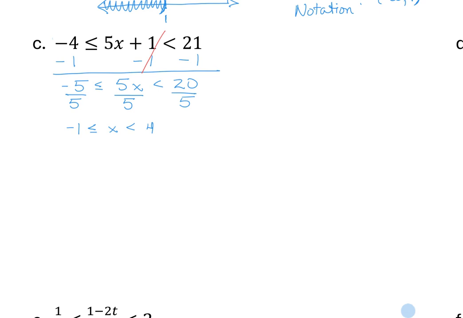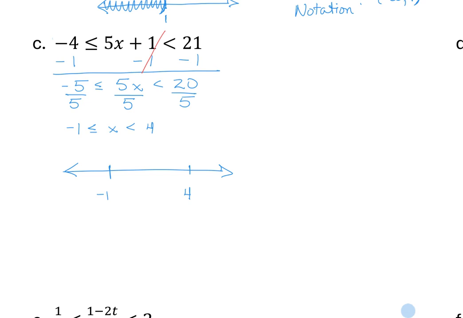All right, now when we graph this, just so you kind of see what this looks like, we're going to plot these two numbers. So we have -1 and we have 4. And I want to know, where are the numbers that satisfy both of these statements? The numbers that are greater than -1 are going to be on the right side here.